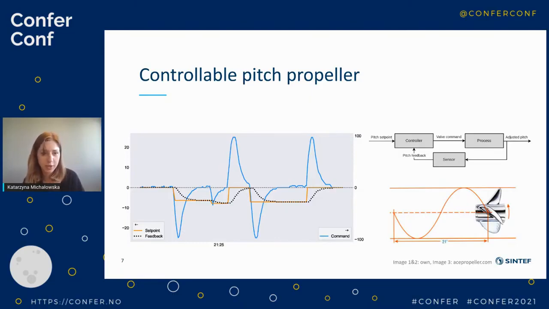Here we can control it because we have a controllable pitch propeller, and it is controlled by a simple logic. In here, a set point is given, so the desired pitch of the propeller is given to the controller, which then sends a command to open a valve, after which the pressure changes, adjust the pitch, so they adjust the angle of the blades to the desired angle.